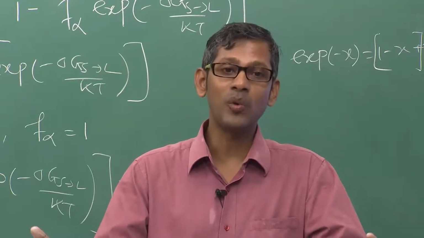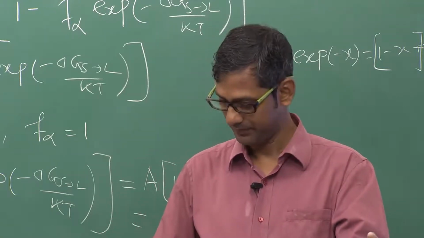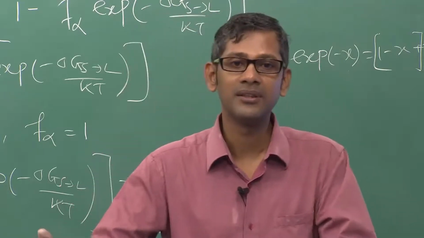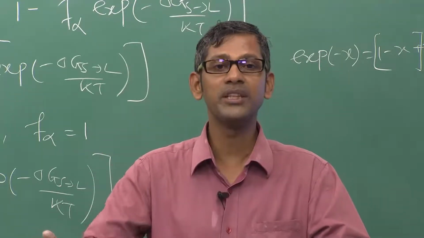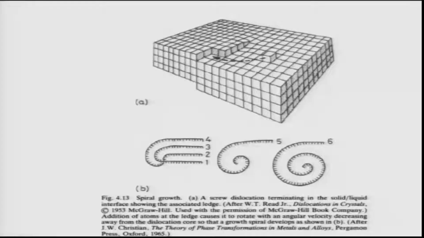Otherwise, we can do one more thing. We can create a screw dislocation on the surface. That's also possible because many of these solid surfaces can have an extra plane coming out, just like a slip happening in a crystal. If you create a screw dislocation, you see there is a screw dislocation present here.